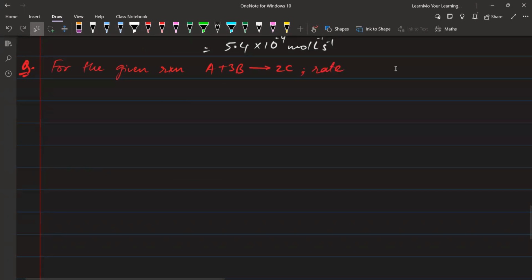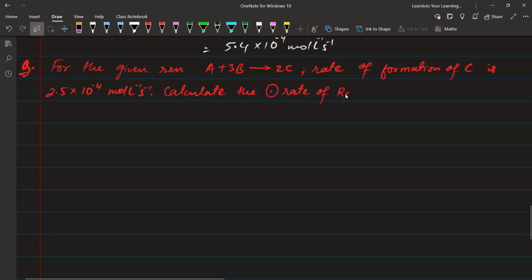The rate of formation of C is 2.5 into 10 to the power minus 4 moles per liter per second. Calculate, number 1, the rate of reaction.